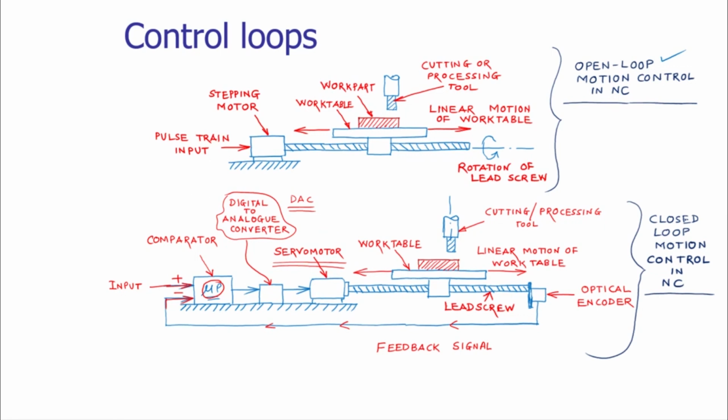In this way, closed loop systems are also utilized in the industry, or we can have a simplified, very basic version, that is the open loop NC control unit. Of course, the cost associated with the closed loop control system is quite high because of the utilization of sensors and devices such as the comparator and the servo motor.